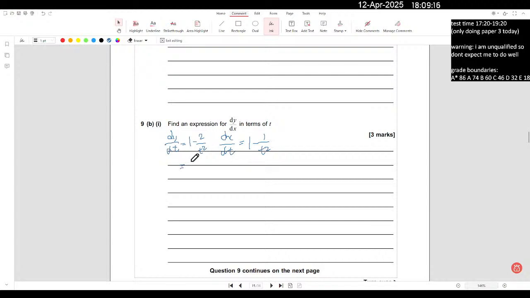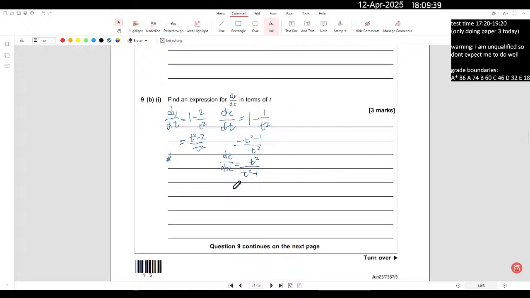I just make this all into one fraction. t squared minus 2 over t squared, and then t squared minus 1 over t squared. I think I could flip it around, so dt over dx is t squared over t squared minus 1.